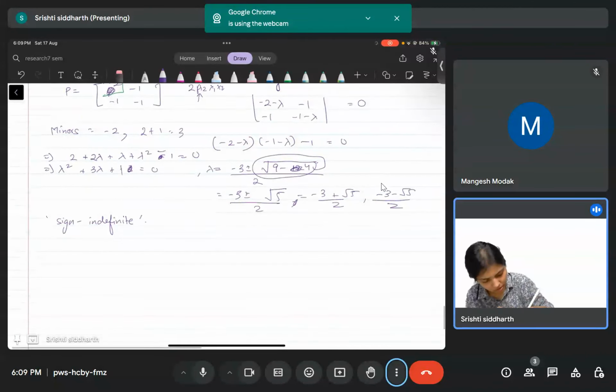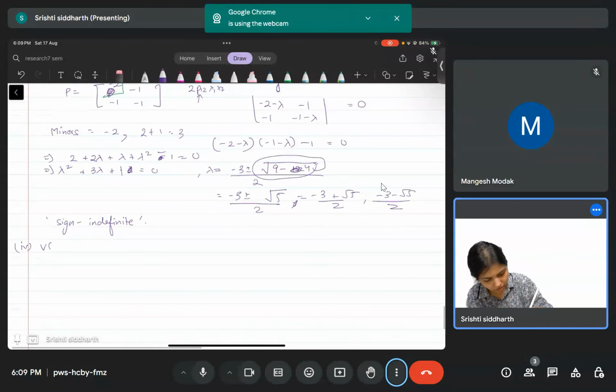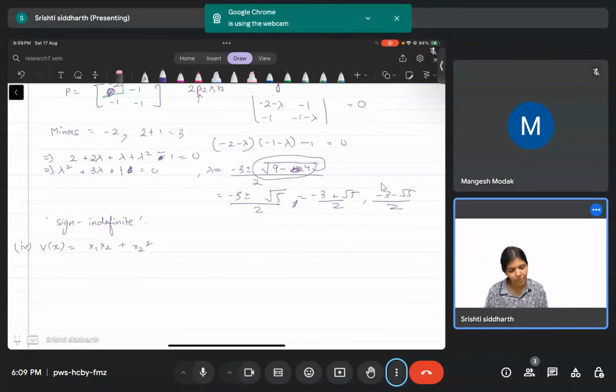Then we have the last example. Let's just go. Okay, so let's see. We have to set x, and the matrix is positive definite.